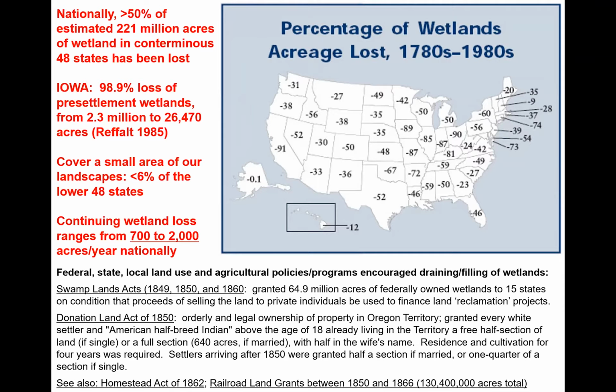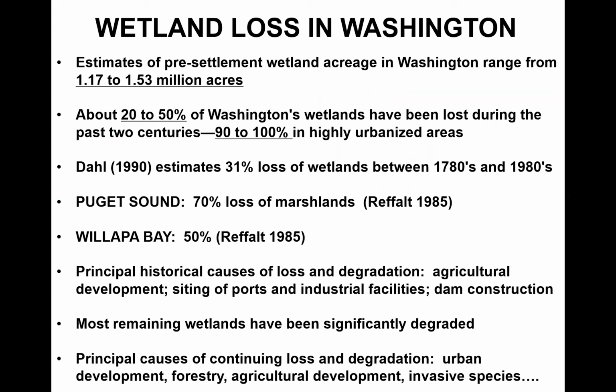And at one point, the US government was very active in promoting the conversion of wetlands to agricultural and industrial use through a variety of statutes that they passed, including the Swamplands Act, the Donation Land Act, and the railroad land grants that Abraham Lincoln authorized.